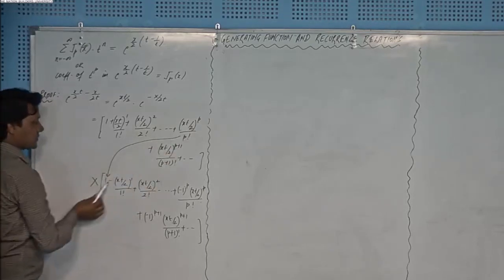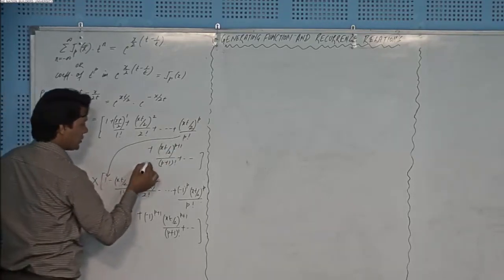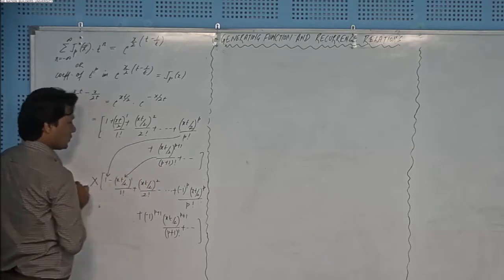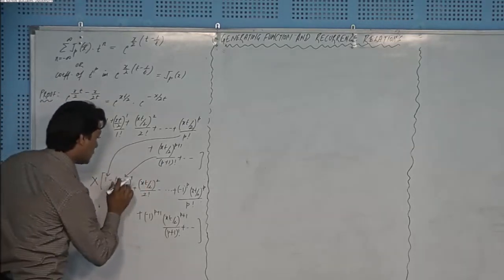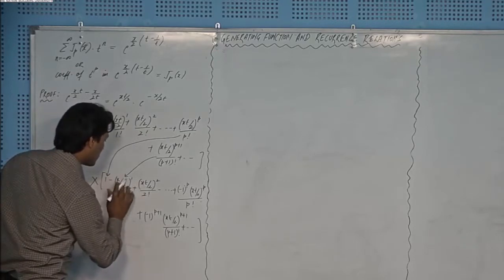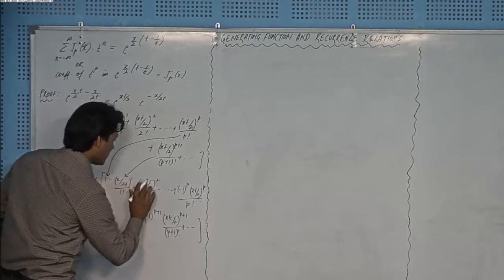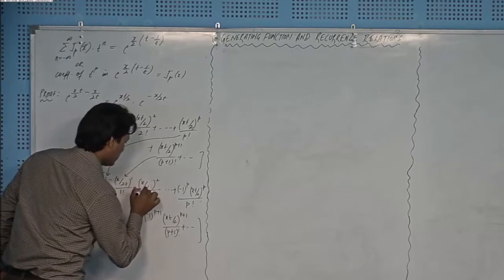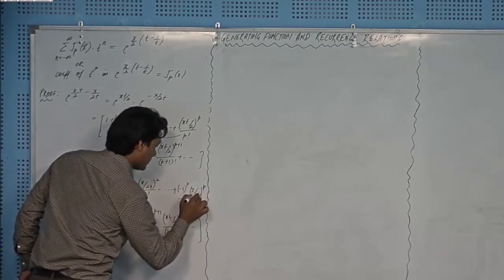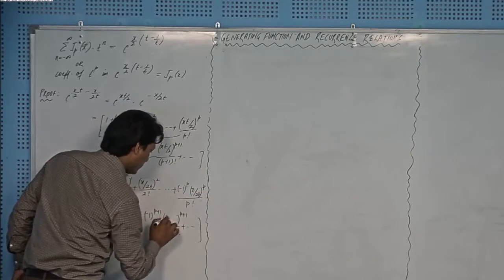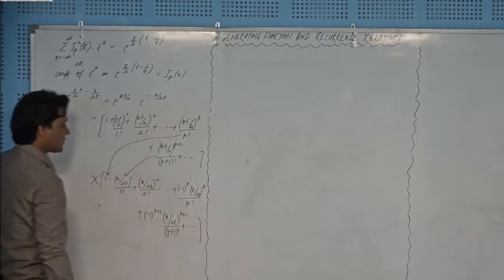Similarly, if you multiply these two terms, you will get, oh sorry, I have written t in the numerator, however it was in the denominator, x by 2t, right? Now it is correct.